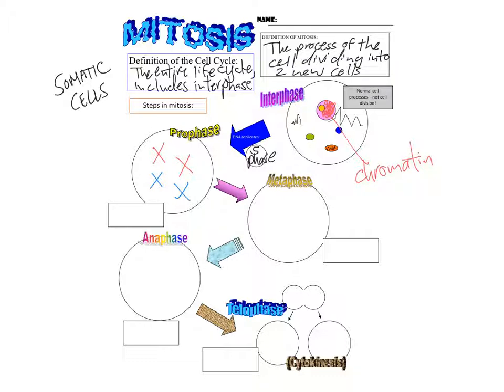Now, if we looked at a chromosome up close, let's draw that. Kind of looks like a little dragonfly. So there's some parts to the chromosome. So this is called a chromosome. Sorry, you have to kind of fit this out in the margins. Okay, so there's some different parts to this. The middle thing is called the centromere.